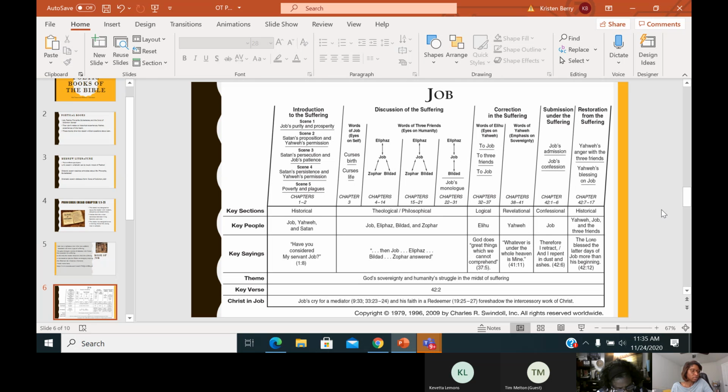And then the second part of the book is this man, Job, having his dialogues with his friends. The third part is one of his other friends, named Elihu, and Elihu has a monologue. I want you to remember those words.